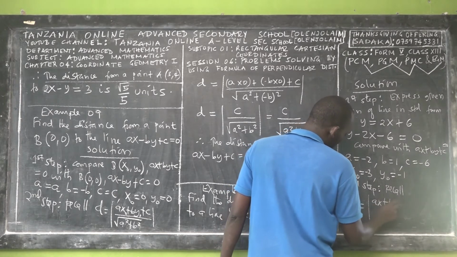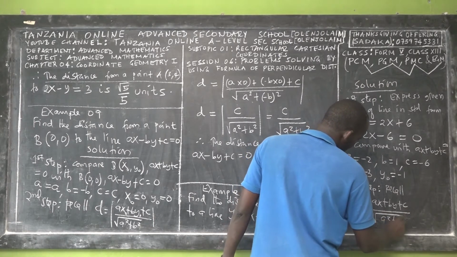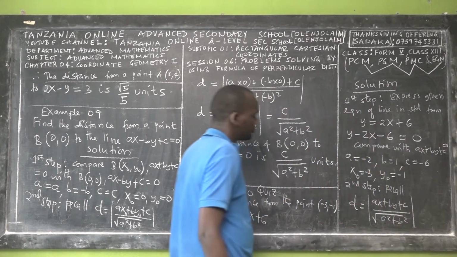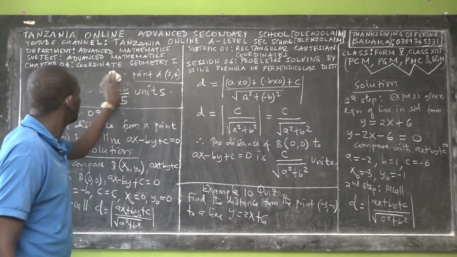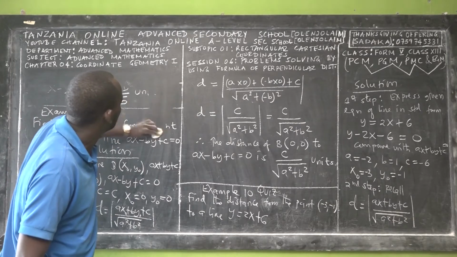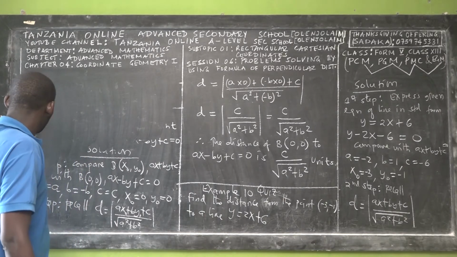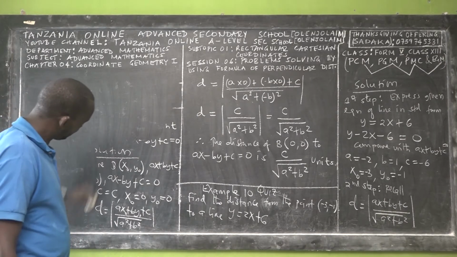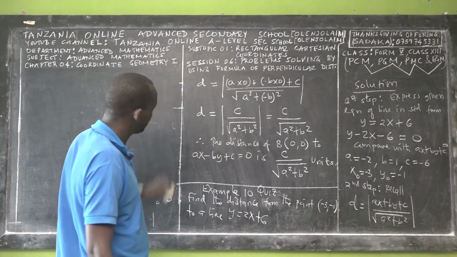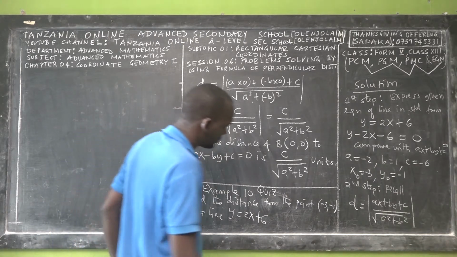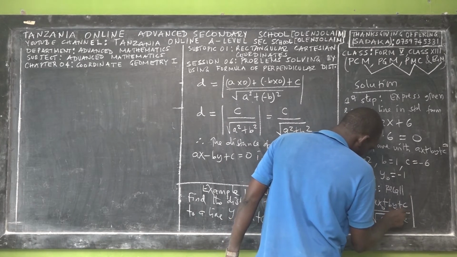This is ax naught plus by naught plus c over the square root of a squared plus b squared.